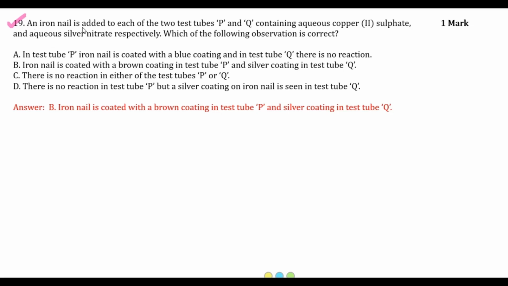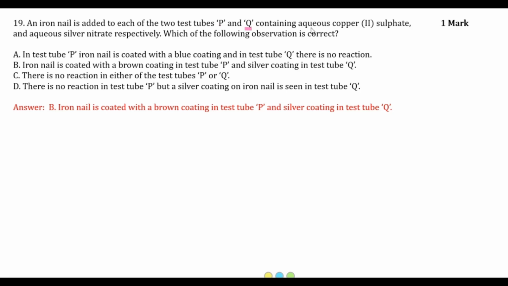An iron nail is added to each of the two test tubes P and Q containing aqueous copper sulfate solution and aqueous silver nitrate respectively. Which of the following observations is correct? Here in the question they have given an iron nail, that is Fe. The nail is made up of iron and is added to each of the two test tubes.